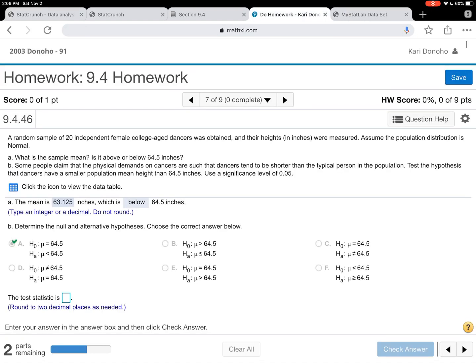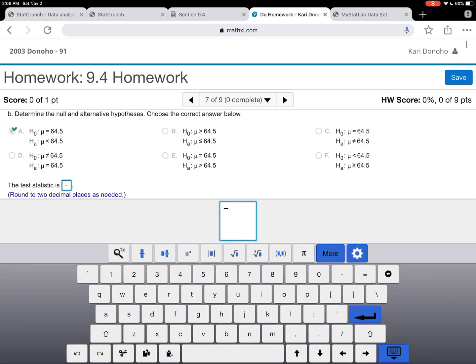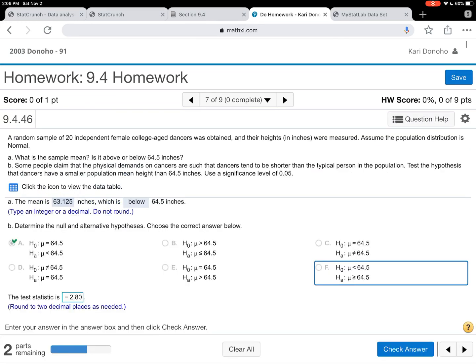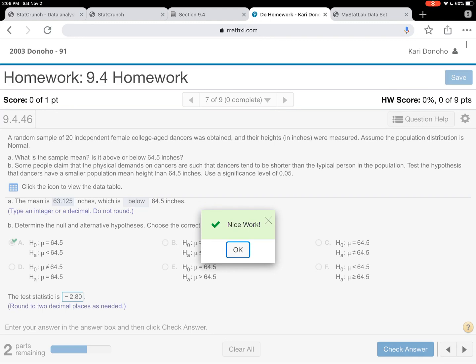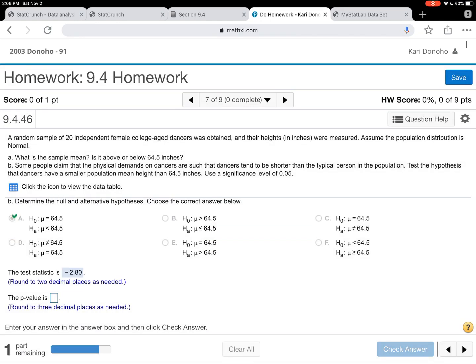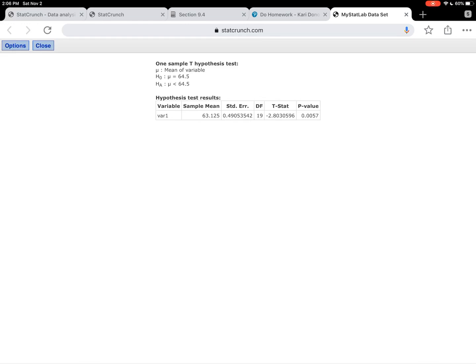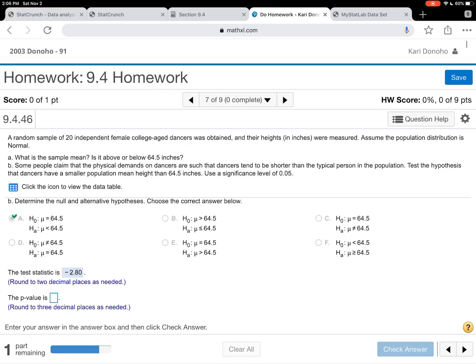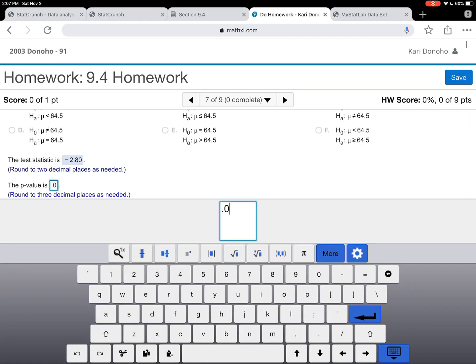Come back over here. It only wants 2 decimal places, so negative 2.80 should get it. Let's check that. And the p-value, I'll have to flip back to that. So the p-value is 0.0057 to 3 decimal places. That will round to 0.006.